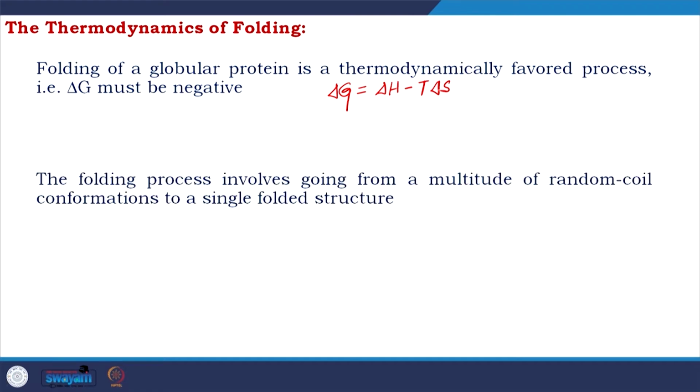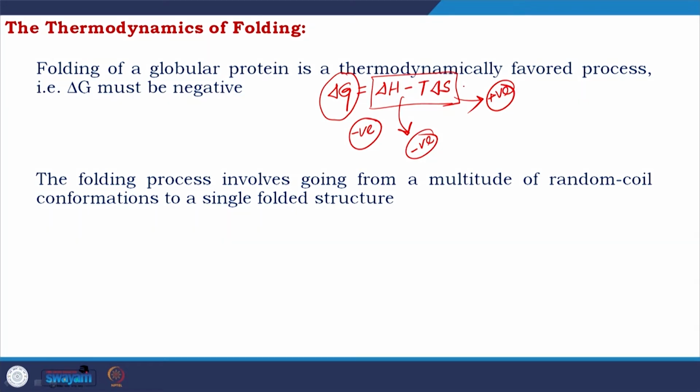So the condition here is del G has to be negative. For del G to be negative, this sum has to be negative, right. So del H has to be negative, whereas del S has to be... these are the possibilities, right.